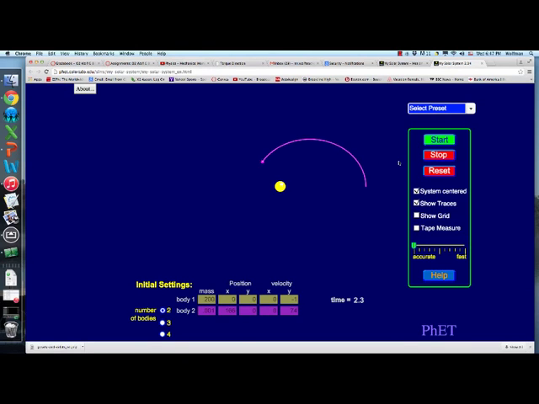So here we have a comet or some other body orbiting around the sun, and we're going to look at this in terms of conservation of energy, and then we're going to look at it in terms of conservation of rotational momentum. Based on its radial distance from the sun, out here it has a much greater potential energy, and over here it's going to have a much smaller potential energy because of conservation of energy.